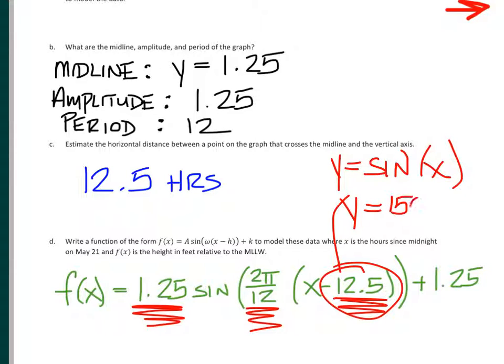I did that, and then I graphed it, and then I built onto it, graphing it each time. So if you did that with this problem, then you could come up with 12.5, or the distance between the two minimum points on the graph.